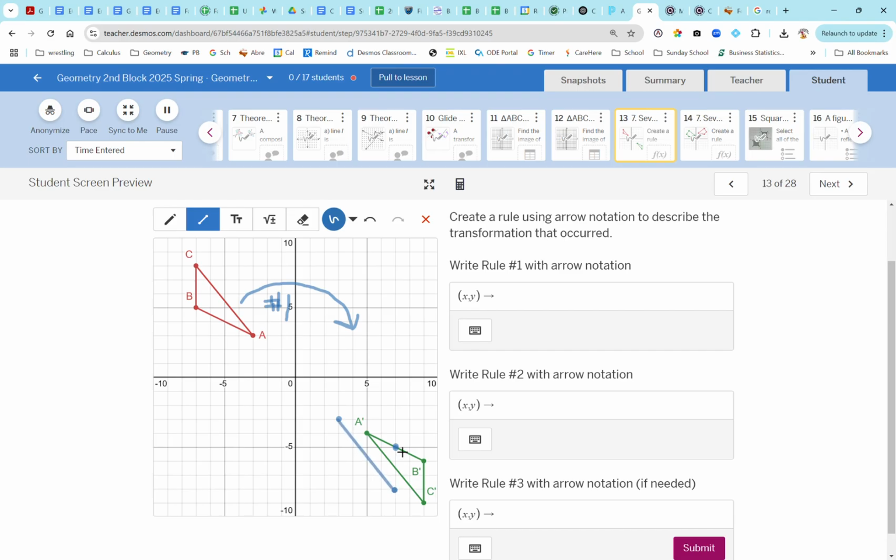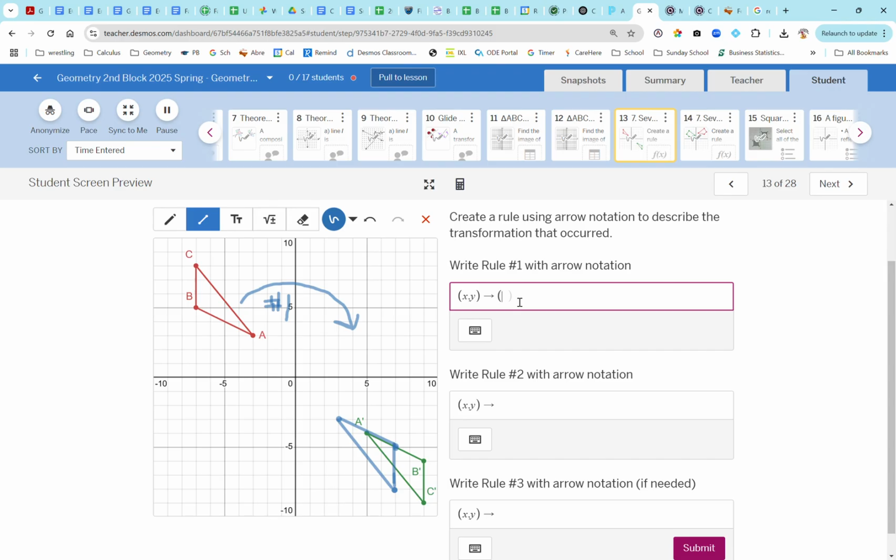Okay, but we need to do another translation. We need to slide this down and to the right. Okay, so first of all, let's make sure we have the 180 degree rotation in here. And remember, what we do with 180 degrees is we just change the signs.